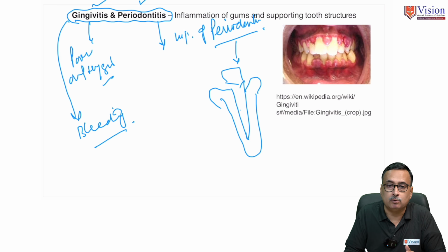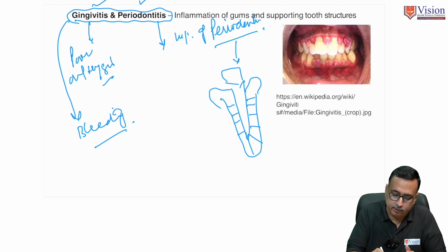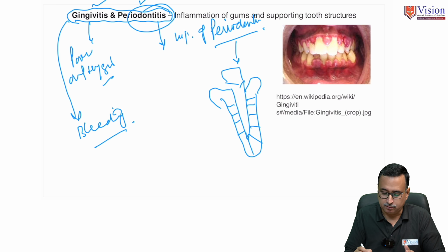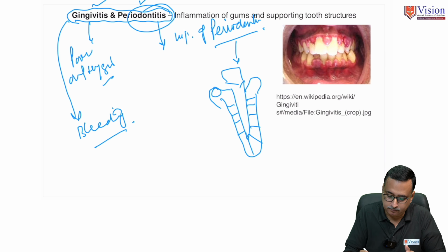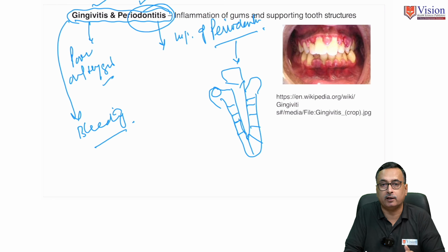In between the root and bone there are fibers. So in periodontitis there is inflammation around the gingiva, the inner surface of the socket which holds the tooth, the bone, cementum and periodontal fibers. These are all inflamed.